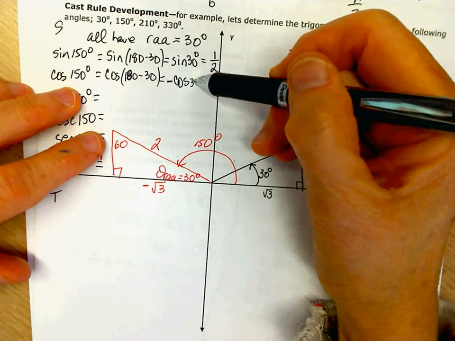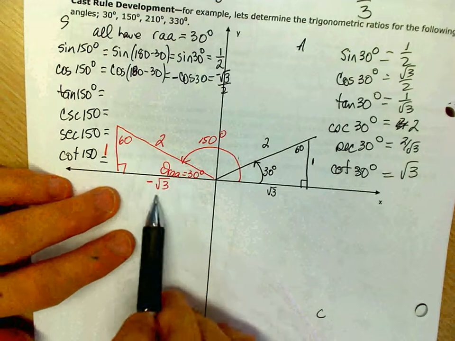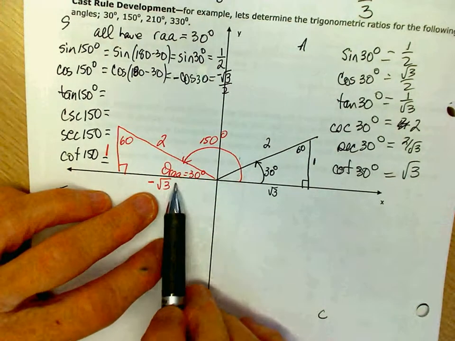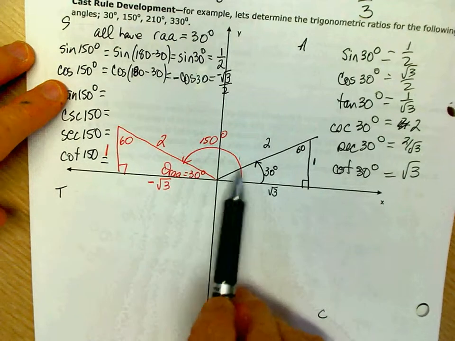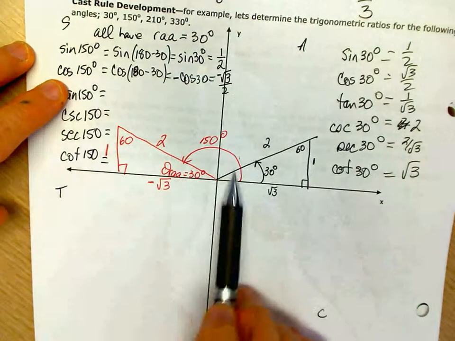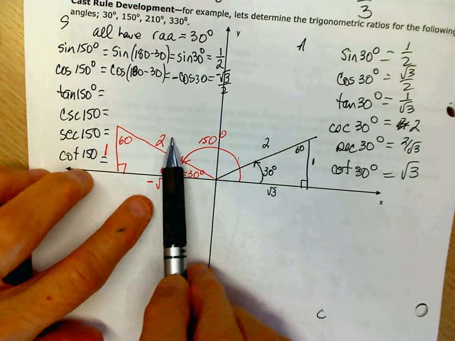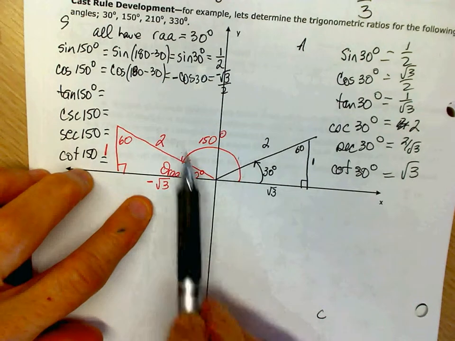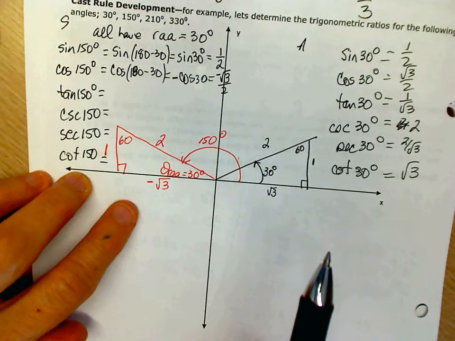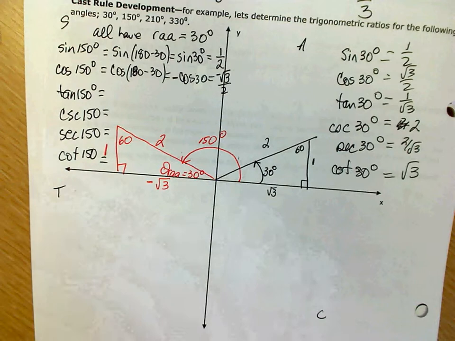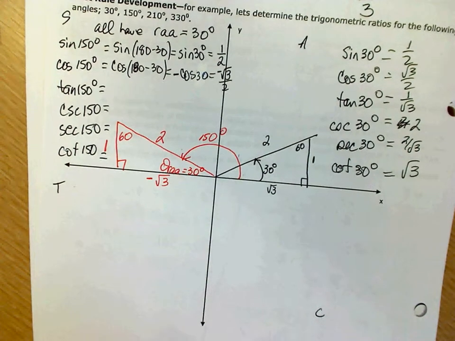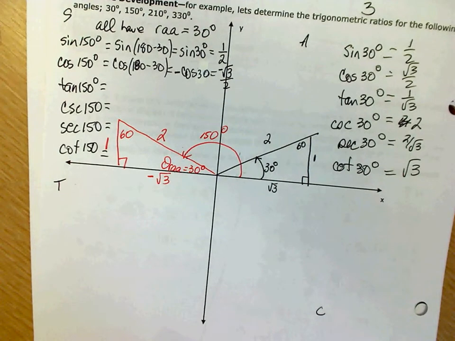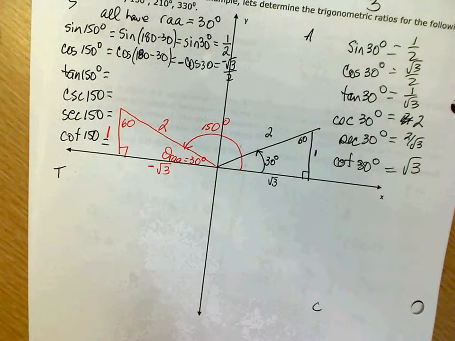Because cosine of 150 is an angle that lands in this quadrant, it's negative root 3 over 2. Someone asks: if cos is negative, since the other side is also negative, wouldn't the negatives cancel out? There's only one negative here. Be careful.